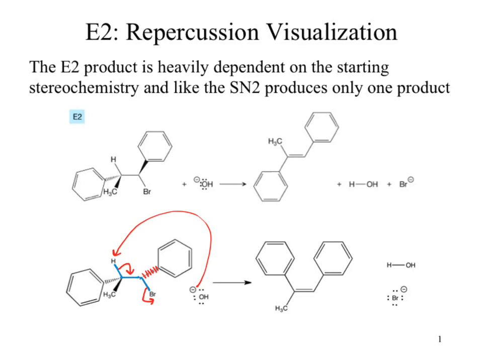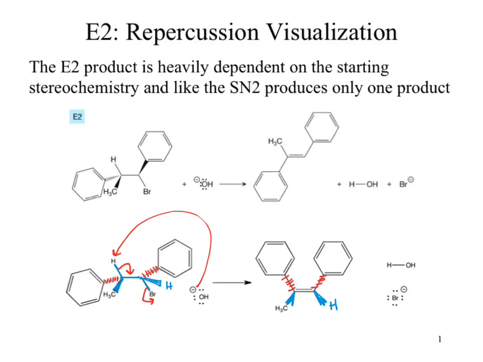The bonds that were dashed are now on the same side of the forming pi bond. The bonds that were wedged are on the same side of my forming pi bond. What does that change about our result?